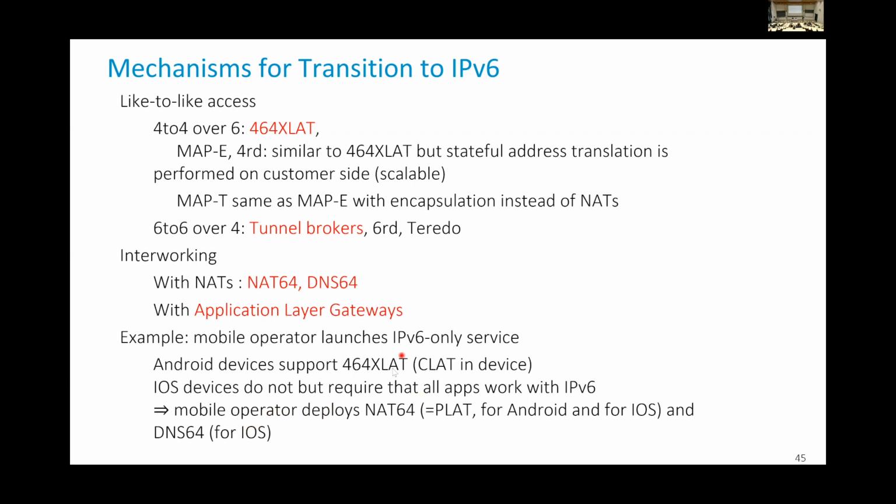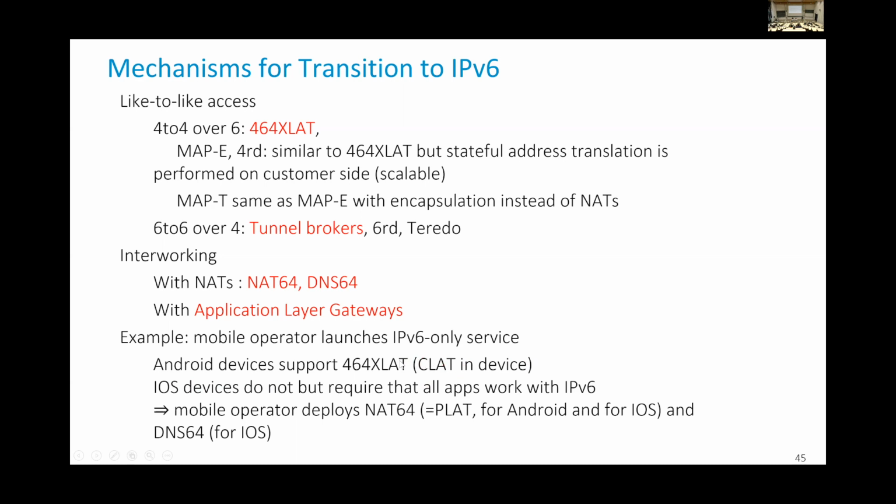Now, on the handheld device, on the customer device, if you have an Apple device, then Apple has been mandating for a long time that all apps should work natively with IPv6. So if you want something to be deployed on the App Store, it must work with IPv6. So you solve part of the problem. Android is a bit heterogeneous. Android supports IPv4 apps and puts the CLAT in the device.